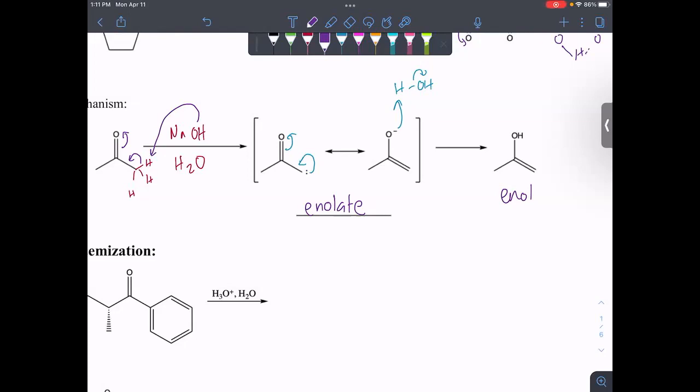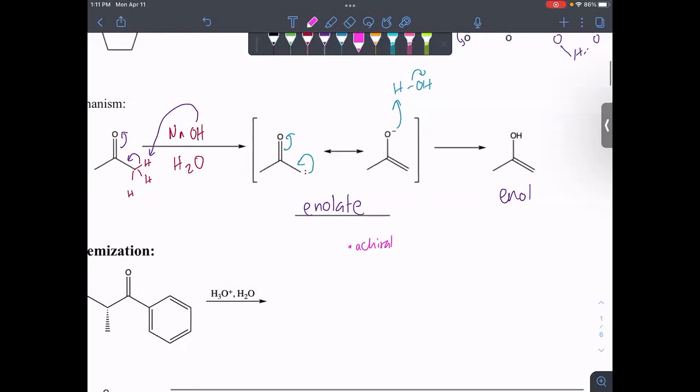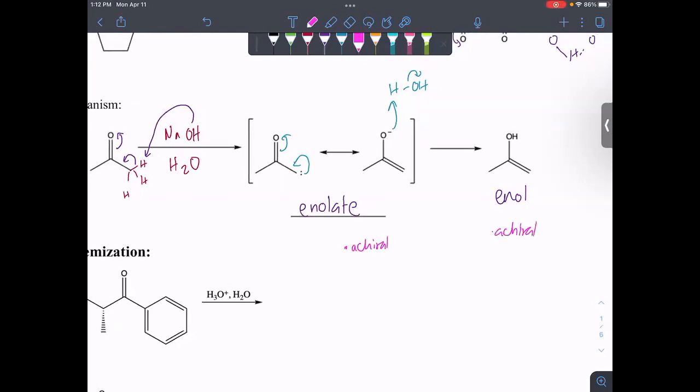Another thing to note, the enolate and enol forms are both achiral. Because it's all sp2, there's no wedge or dash.